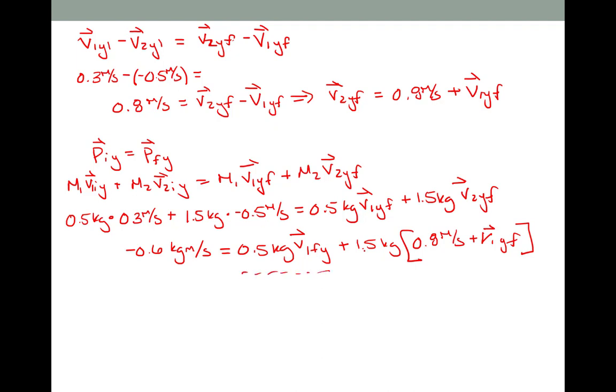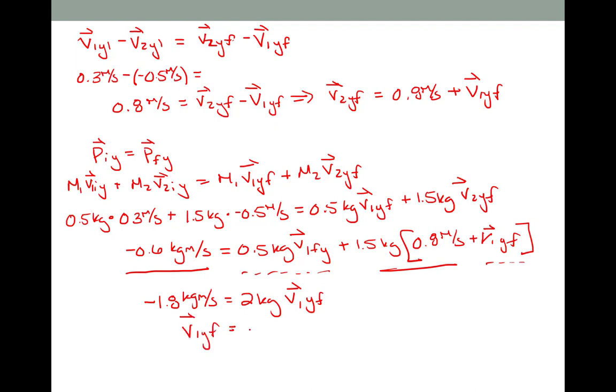So I have this term and this term, both of which involve v1y final, and that results in 2 kilograms v1y final. I have two terms that do not involve v1y final, and when I multiply 1.5 times 0.8 and move it to the other side, that gives me negative 1.8 kilogram meters per second, or in other words, v1y final is negative 0.9 meters per second.